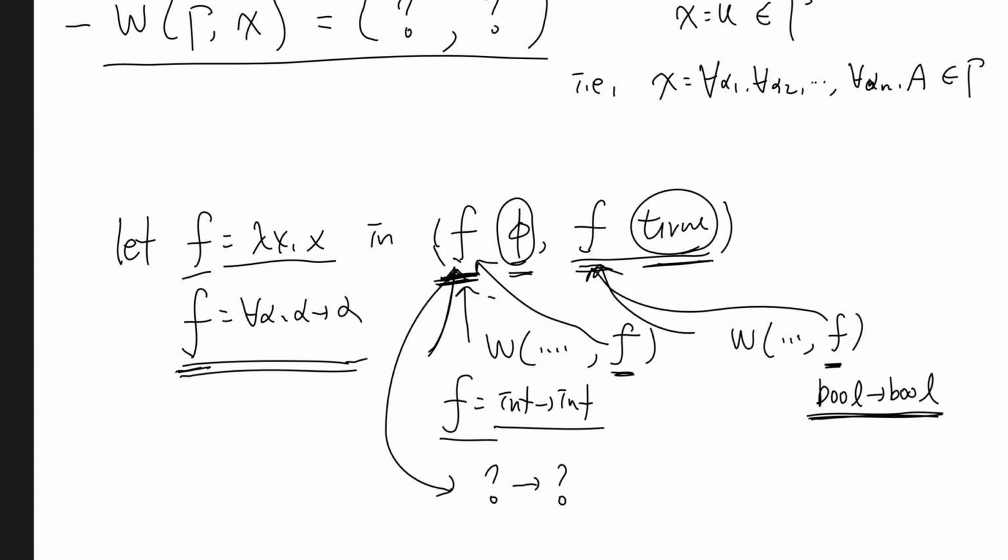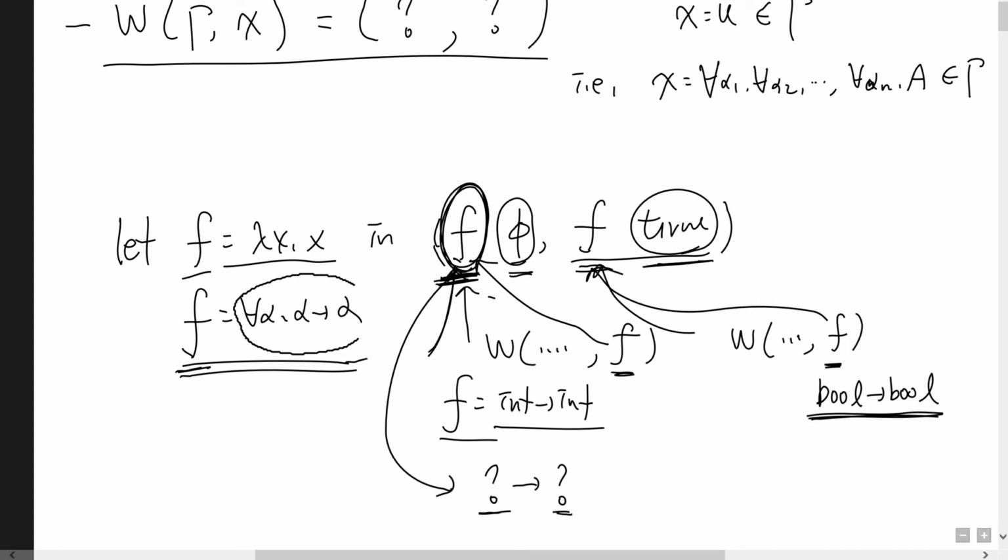We don't have a notation like this question mark, but the idea is when we are type checking this variable f, we have to specialize it to some monotype, but we don't want to specialize it to int arrow int because we don't know the type of the argument yet.